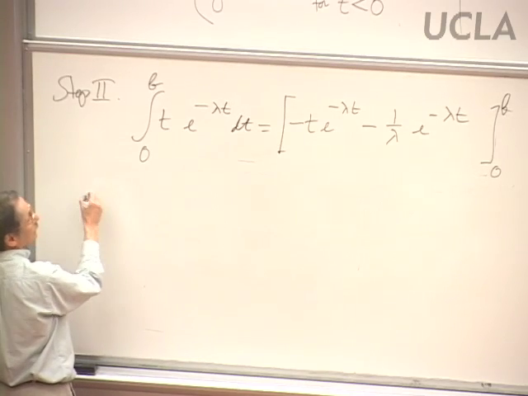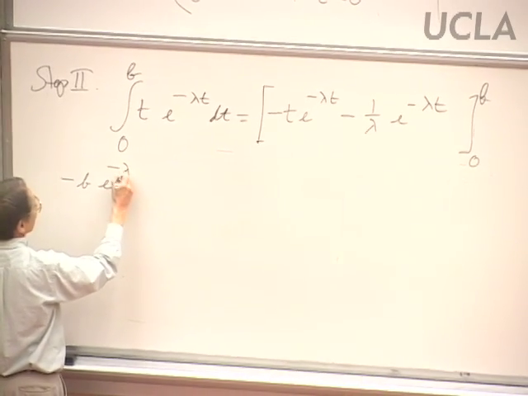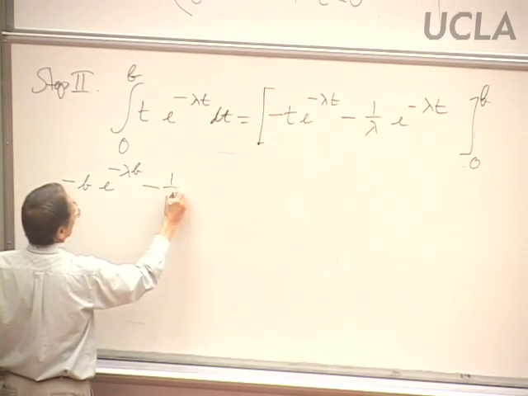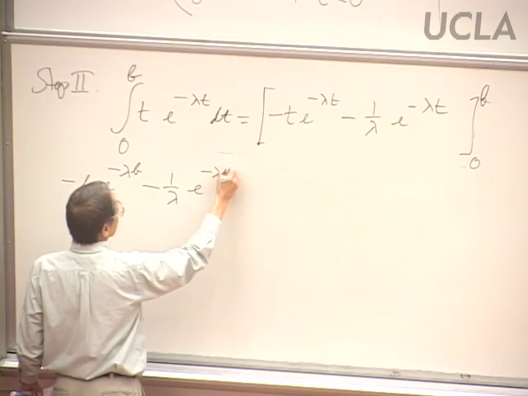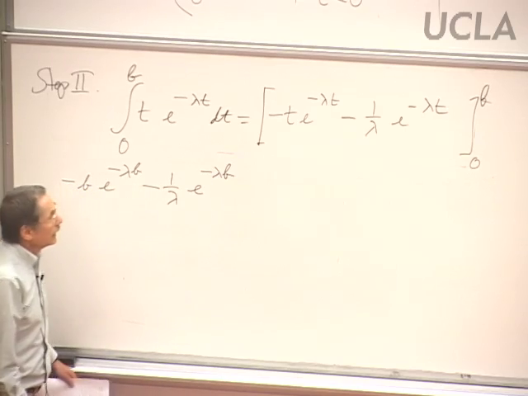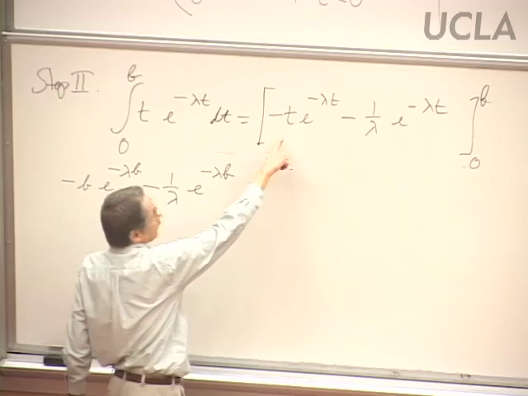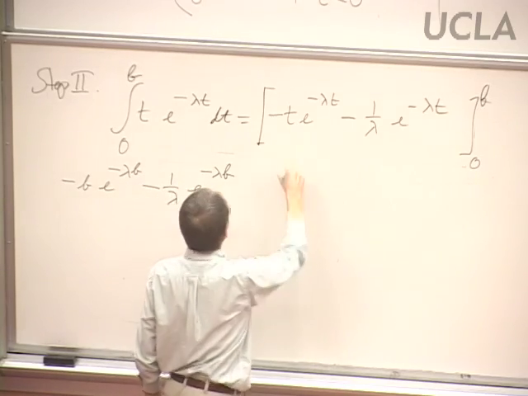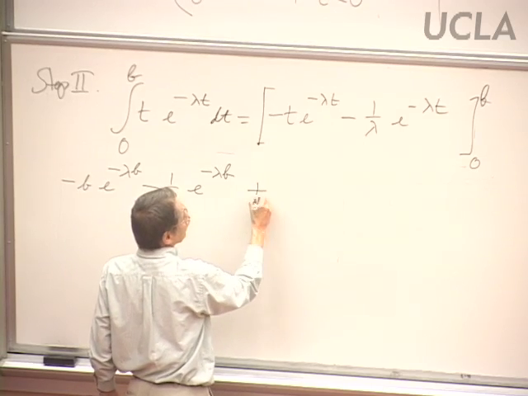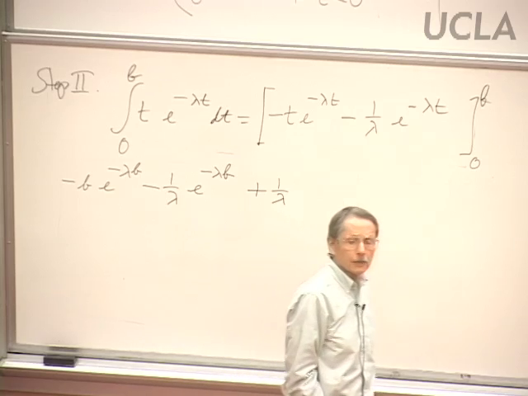And we get minus b e to the minus lambda b minus 1 over lambda e to the minus lambda b. And then we plug in t equals 0. Well, this first term just gives us 0 times 1. So minus, minus 1 over lambda times e to the 0.